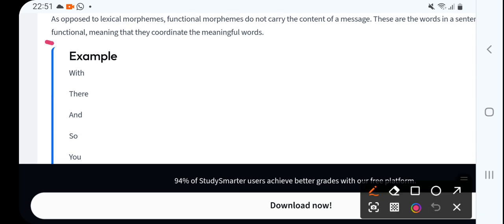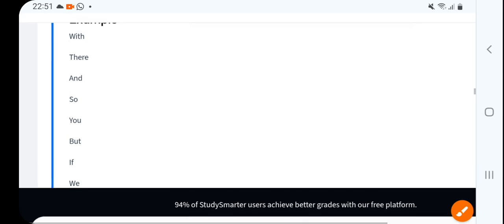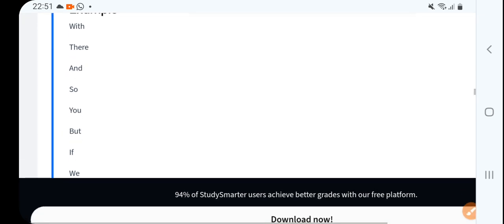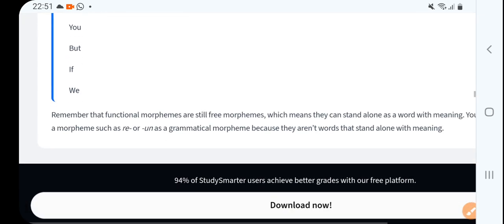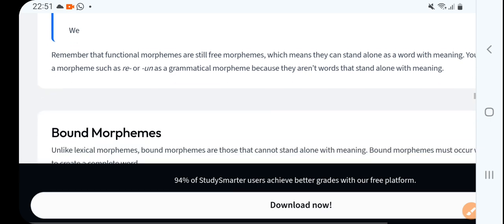Examples: with, there, and, so, you, but, if, we, etc.